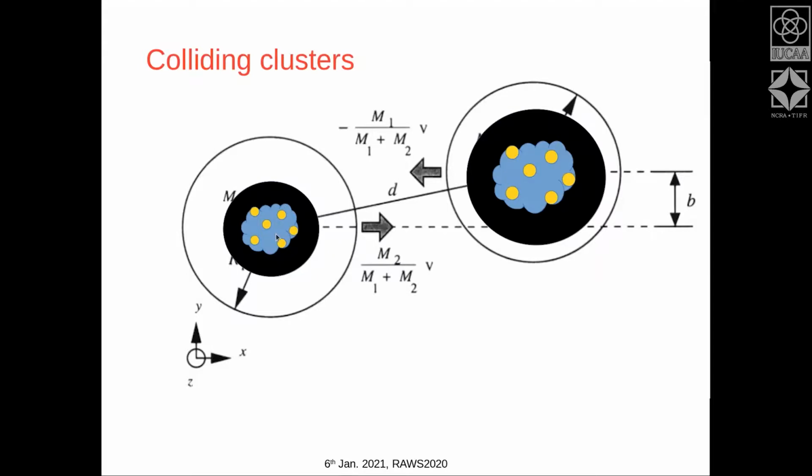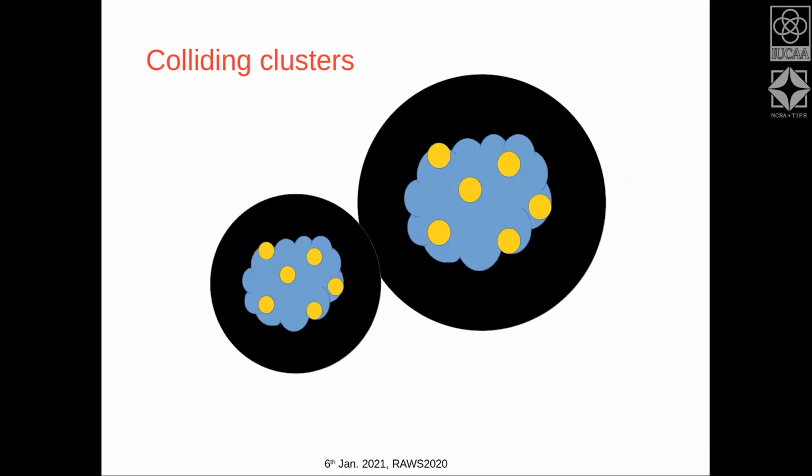Now, these three components behave slightly differently as the collision progresses because of their different properties. As you know, dark matter is affected essentially only by gravity, and that will take over. So, let's say these two clusters are merging.